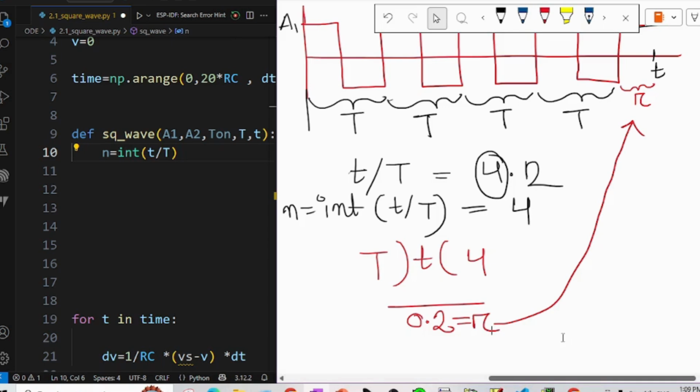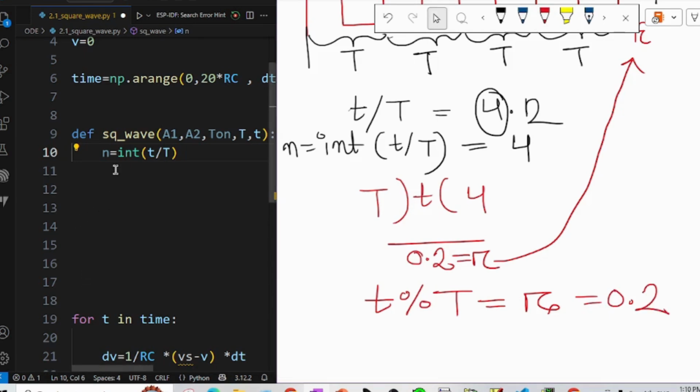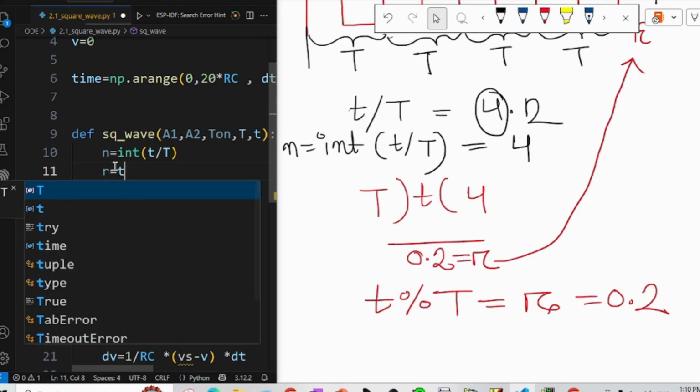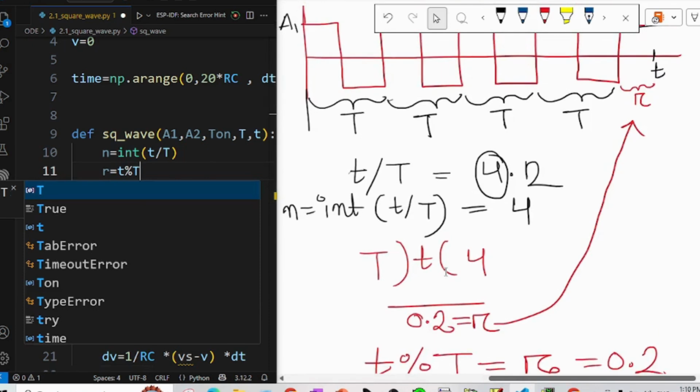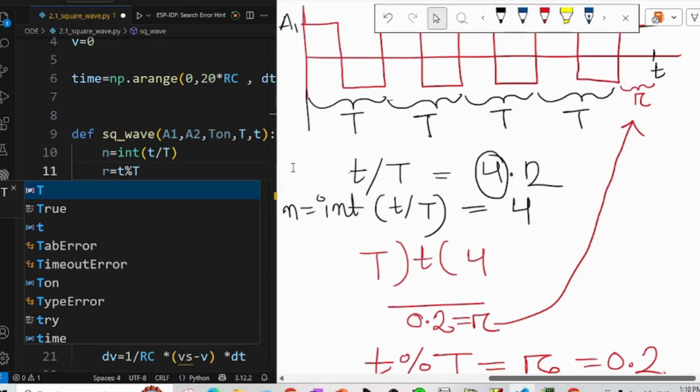So how do I find the remainder in Python code? You have to write t % T, and you will find the remainder here, and that is in my code 0.2. So r is equal to t % T. You have to simply write shift 5. Okay, so you will have this remainder. Okay, so now what I will do with this thing, let me omit this thing.